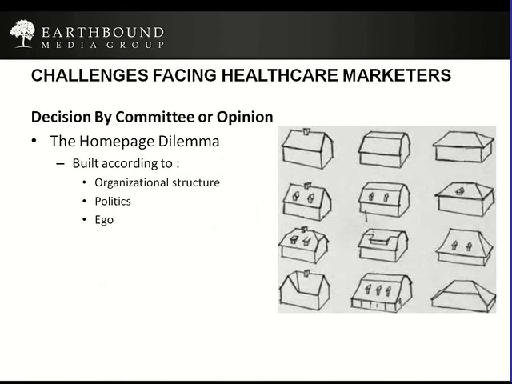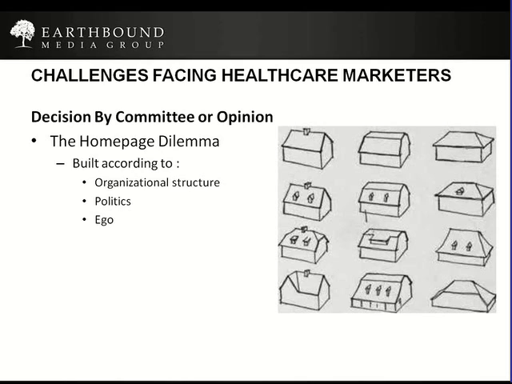Another challenge in website optimization is the homepage dilemma. I have this graphic on the screen just to really show that one house or one place, one home, can look very different to different people. And depending on your organization and the politics and egos that are involved with constructing or changing the website, it can really have a dramatic effect on the outcome of your homepage and what it looks like.